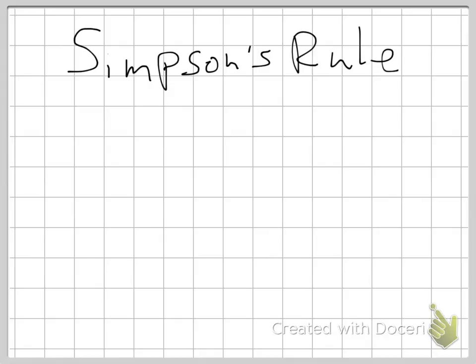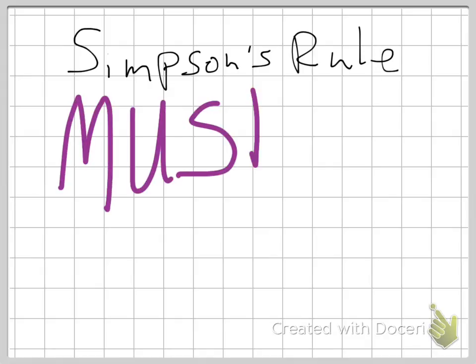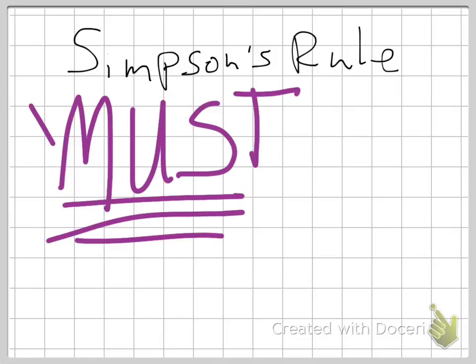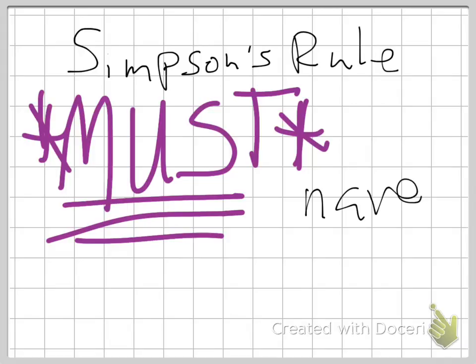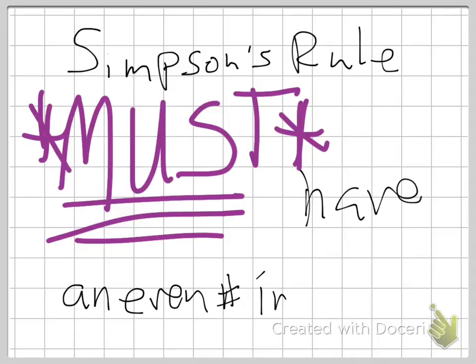But remember, if you're going to try Simpson's rule, you must, I can't stress this enough, must have an even number of intervals.